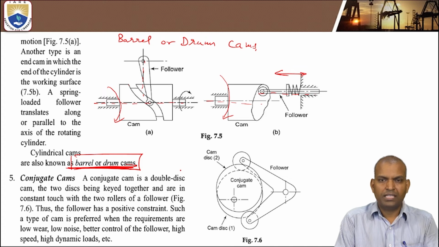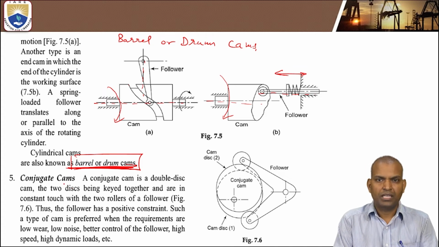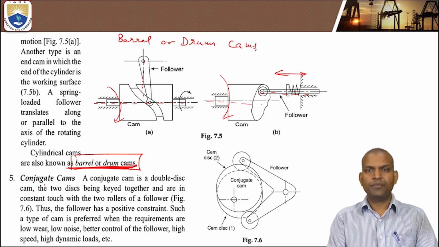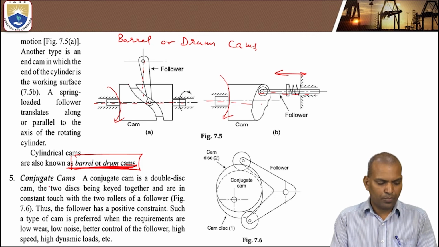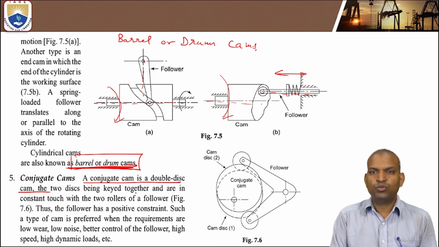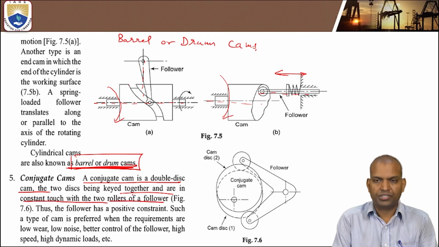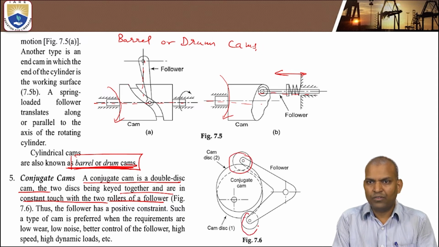Now finally there is another type of cam, called the conjugate cam. A conjugate cam is a double disc cam. The two discs are keyed together and are in constant touch with the two rollers of the follower. You can see there are two rollers here.